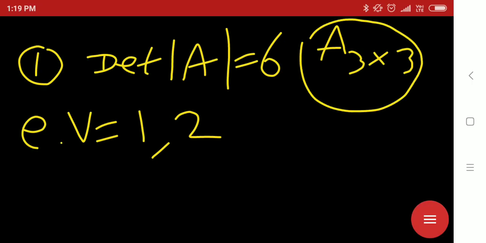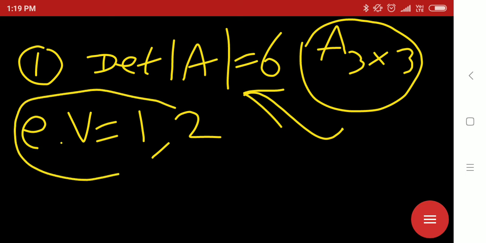The matrix is not precisely given, only that A is a 3 by 3 matrix, its determinant is 6, and two eigenvalues are given. The third eigenvalue is not given.